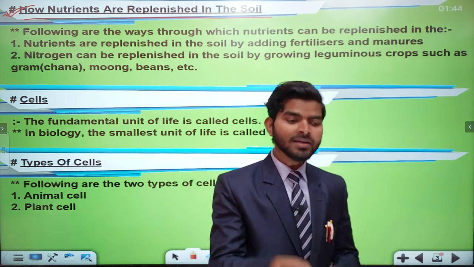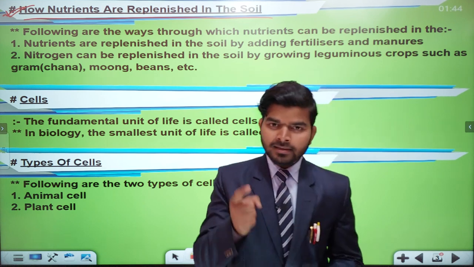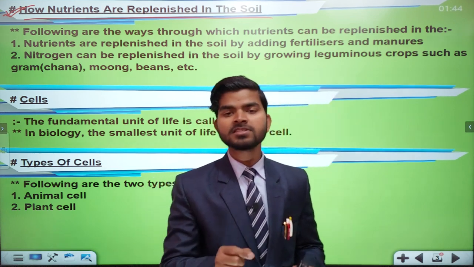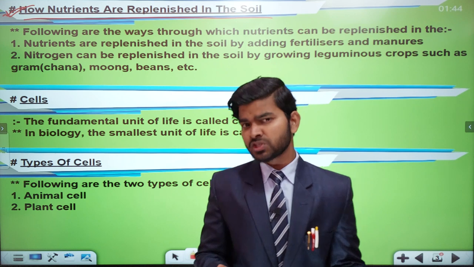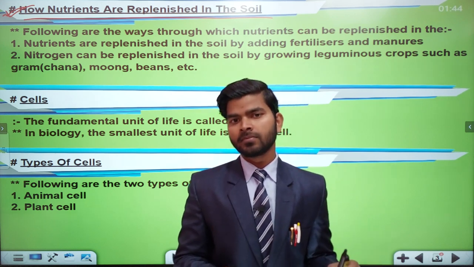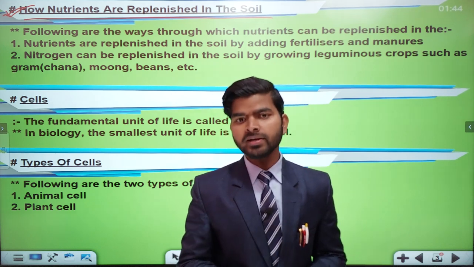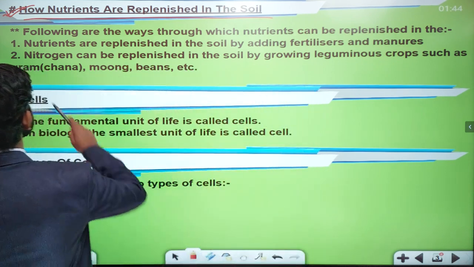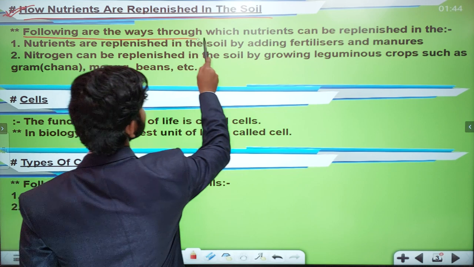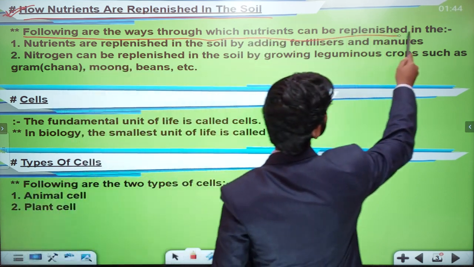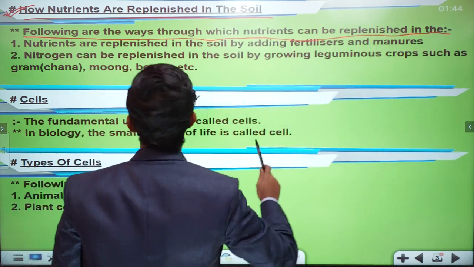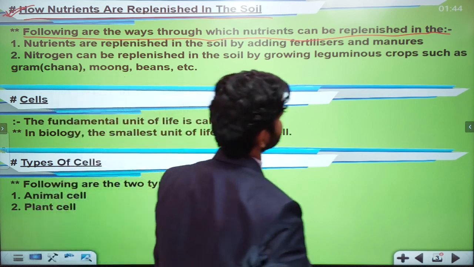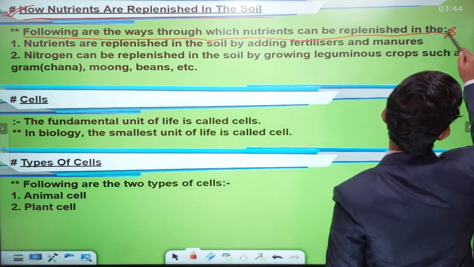So how can we fulfill the nutrients in the soil that the crops have depleted? I have told you that the following are the bases through which nutrients can be replenished in the soil. Here you can write it: in the soil.